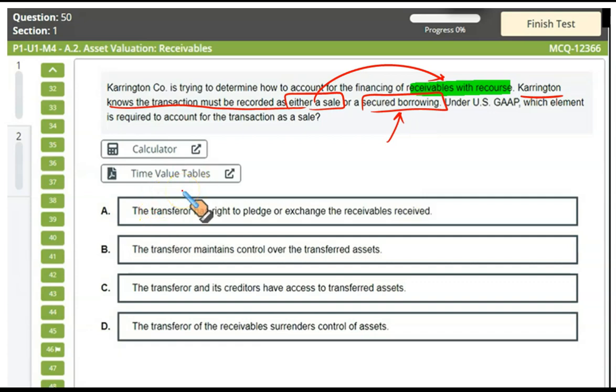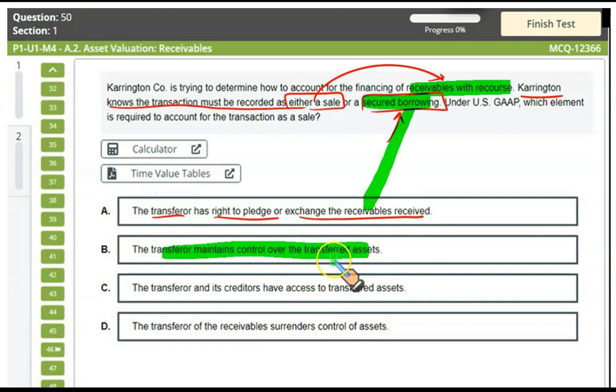You still, as a transferor, have a right to pledge or exchange the receivables. If you still have the right to pledge, you still own them. You still own the receivables, so it will be considered as a secured borrowing. Right? It's not a sale. Next, the transferor, you still maintain the control over the receivables and asset.